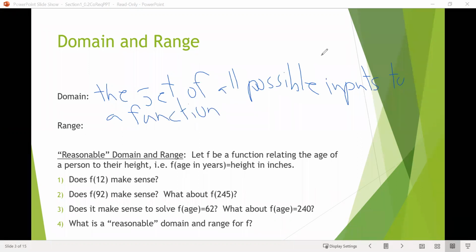Okay, and I'm sorry that may be hard to read, but again, it says a set of all possible inputs to a function. So all the things we're allowed to put into a function, which we did some practice with in our prereq stuff.